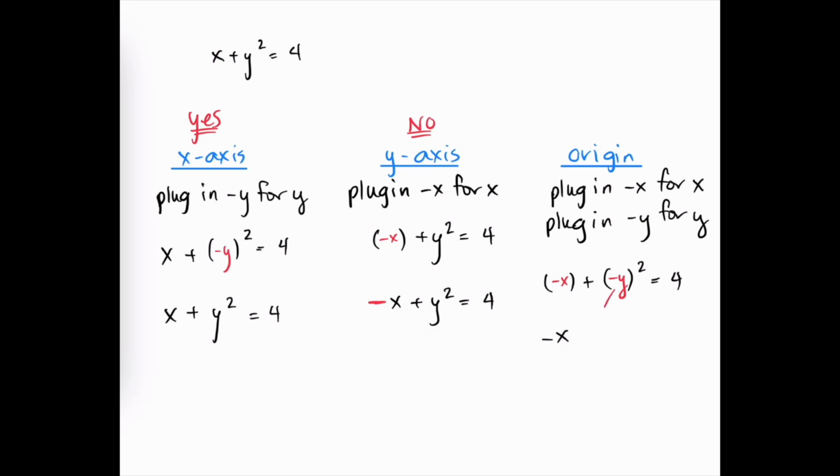We are squaring a negative y value here, so this is actually going to yield a positive y squared, and we just copy paste the 4 down from the right hand side. Now again, we can see that the only term that changed was this first term. Nothing else in the equation changed, and so this is not going to be the same as the original equation, so we don't have symmetry about the origin either.